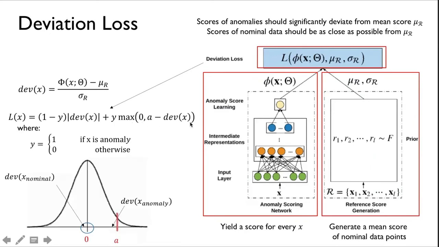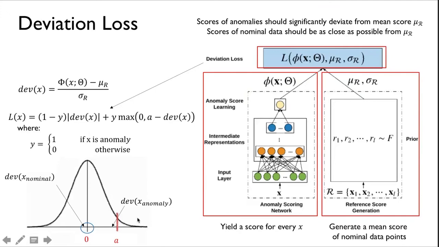So if you look at the value, if we want to minimize the loss when x is an anomaly, then what you want to achieve is that the deviation value of the anomaly should be as close to this threshold a as possible. And when x is a nominal data point, then you want the deviation value to be as close to 0 as possible.